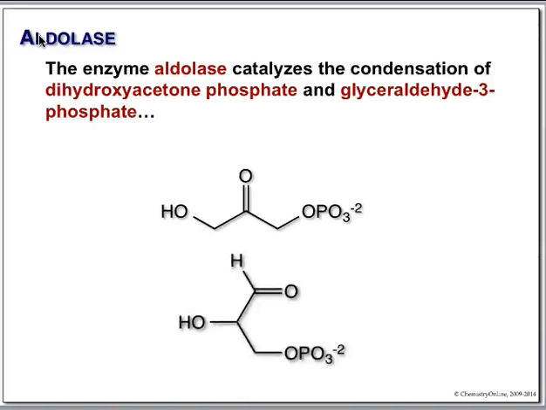So those are the players. Now, dihydroxyacetone phosphate binds to the enzyme. When it does, the carbonyl reacts with a lysine. The lysine has a primary amine on its side chain, and it forms an imine, a carbon-nitrogen double bond.